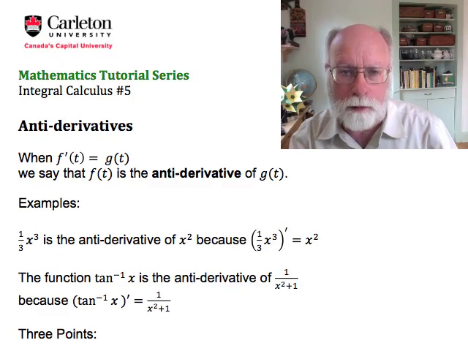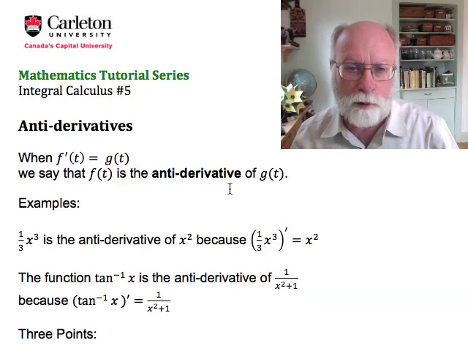And that is what we're going to talk about in this particular video, and also the next one in the series. Anti-differentiation is really just differentiation going in the opposite direction.